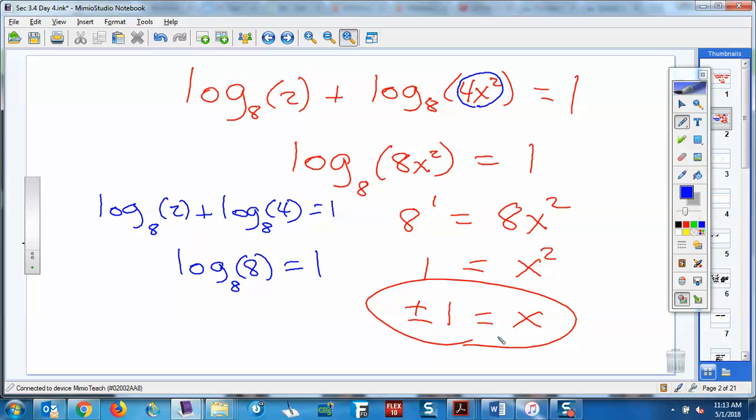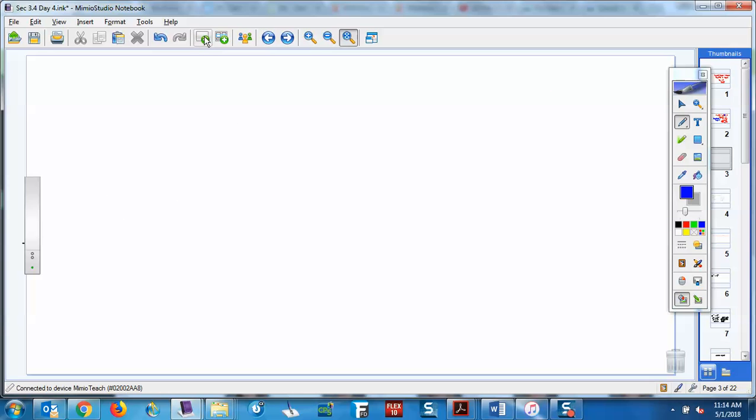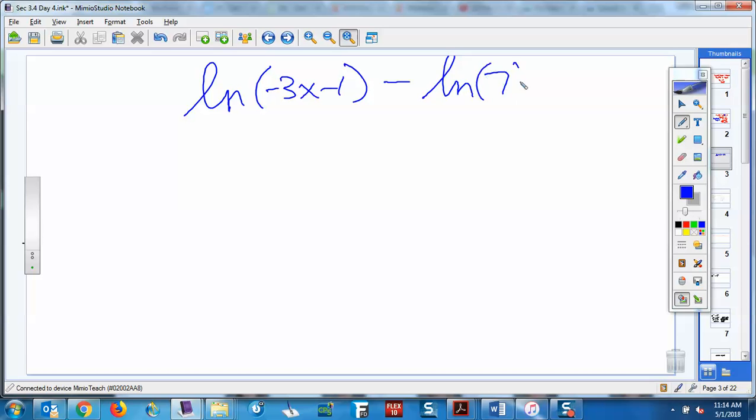Okay, what else? 24, same worksheet. Okay, ln of negative 3x minus 1, equals, or no, minus ln 7 equals 2.